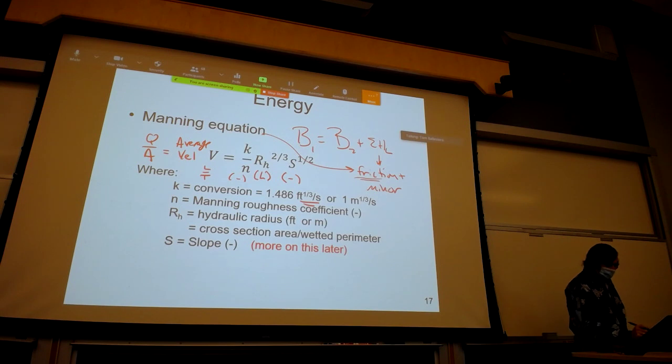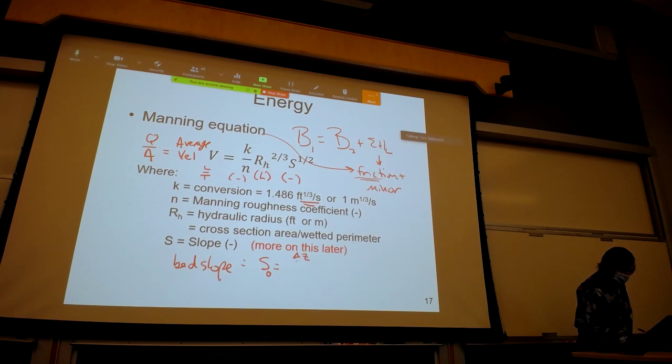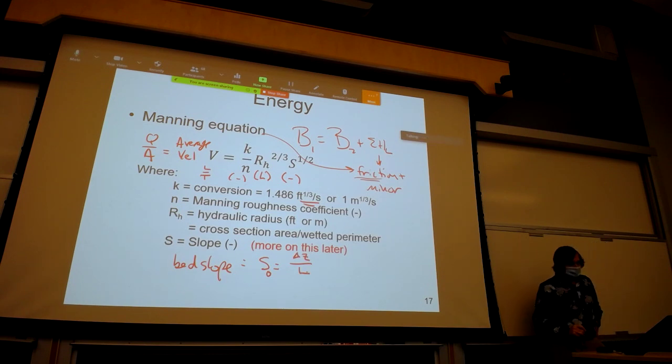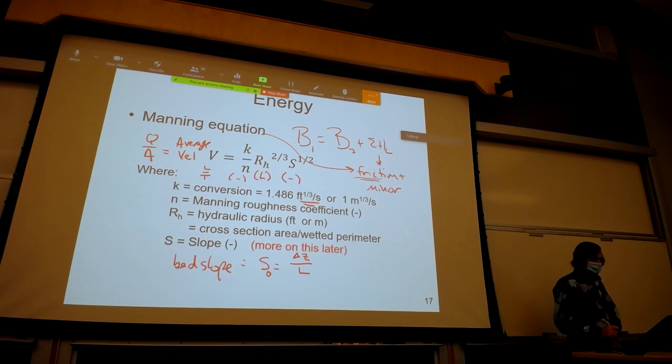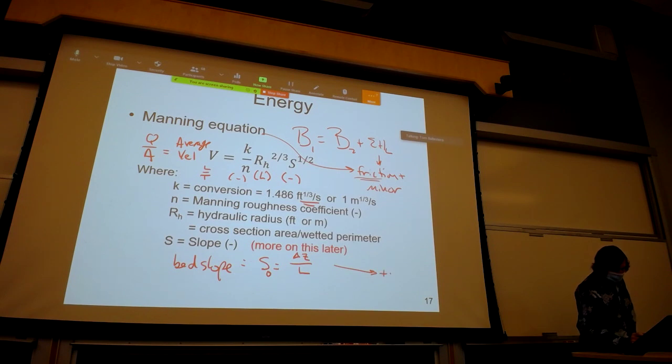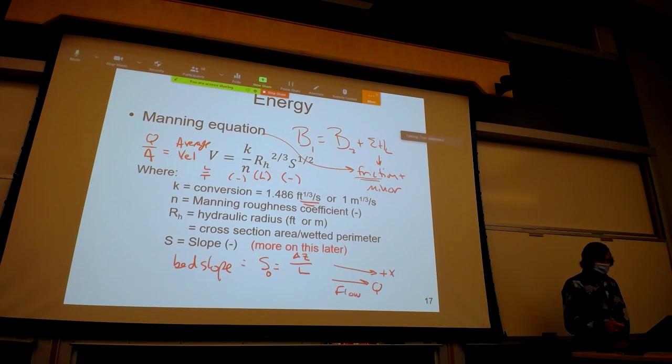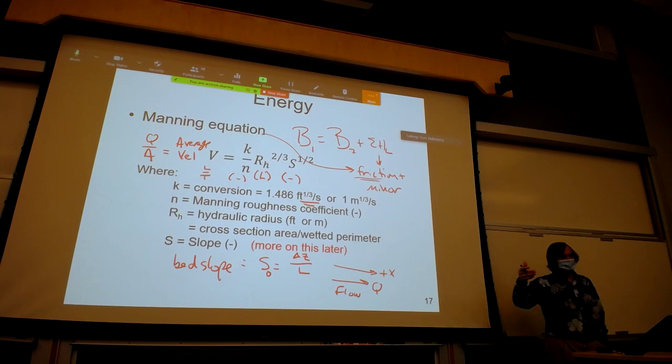And so the slope, if it's the bed slope, we'll call that S0, and that's equal to a change in elevation over L. Typically, if this is the plus X direction, and this is the direction of flow, delta Z would indicate that you're decreasing elevation in this sketch in the direction of flow.